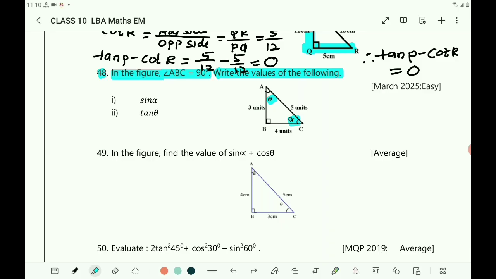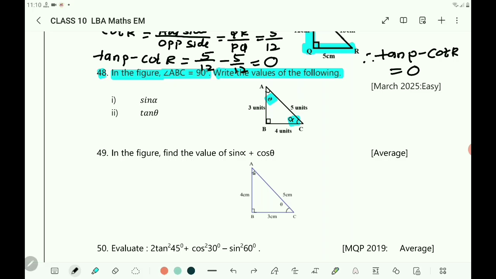For tan theta, here theta is here, which is the opposite side, BC, which is the adjacent side, AB, that is 4 by 3. Tan is opposite side by adjacent side, 4 by 3 you are going to get.